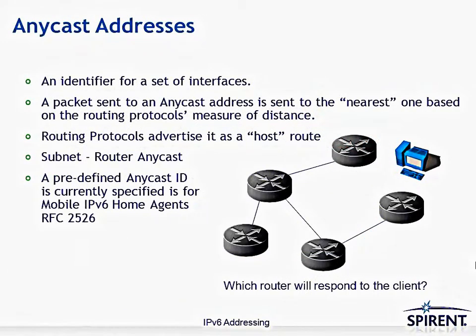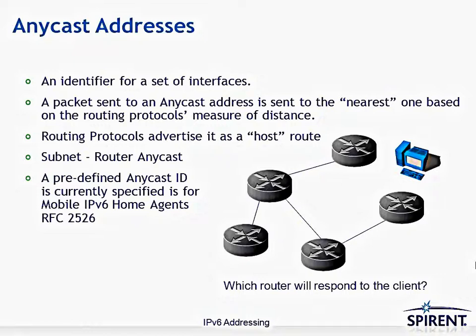As I mentioned in a previous topic, Anycast addresses are not necessarily unique to IPv6, but it was the first time they were defined within the protocol standard. IPv4 had Anycast as a separate RFC that described it, and the Anycast concept comes from that same RFC as well. The idea is that I have multiple interfaces, multiple devices, with the same address, and I'm looking for the one that's nearest to me.